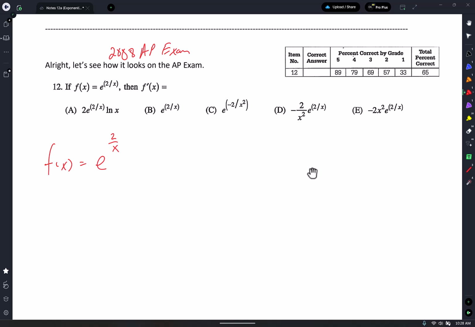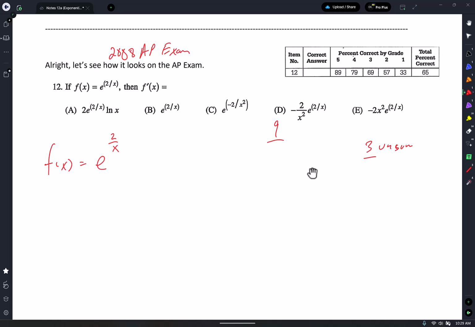B? C? D? 1, 2, 3, 4, 5, 6, 7, 8, 9. How many think it's E? How many are not sure? 3 unsure. Well, this is not everyone in the class, we're missing like 4 of you because there's 1 absent.